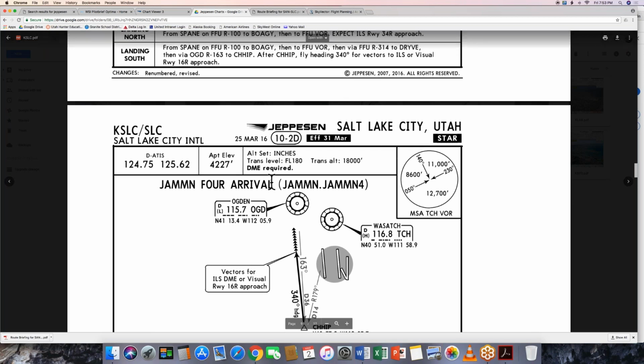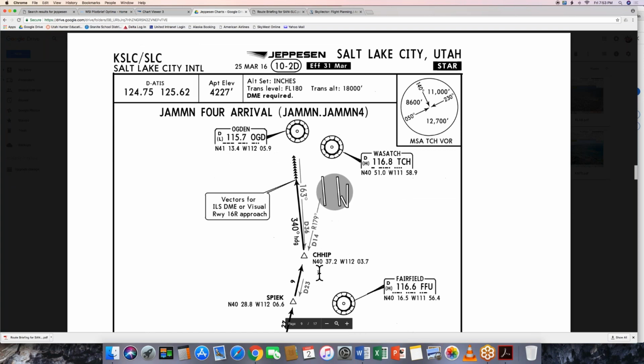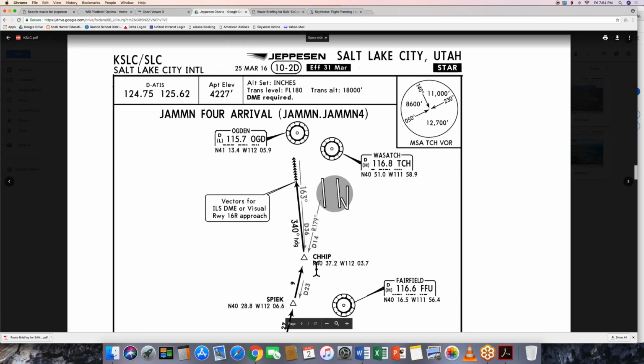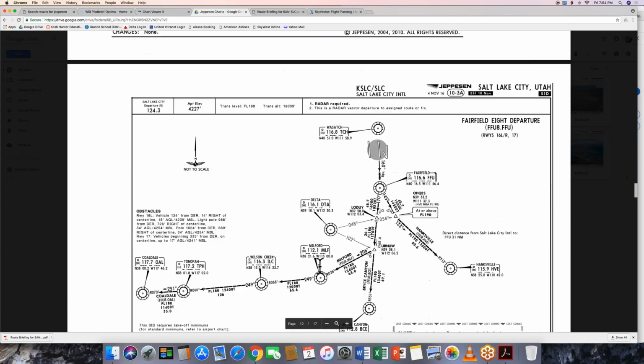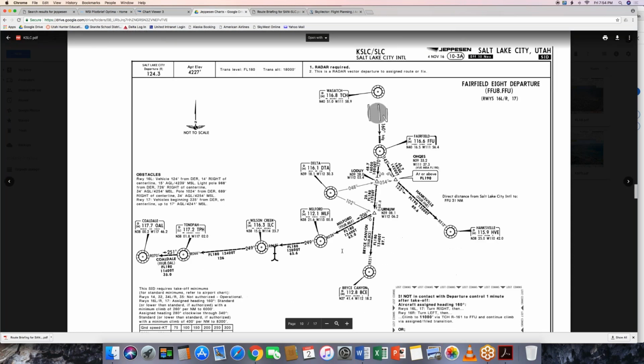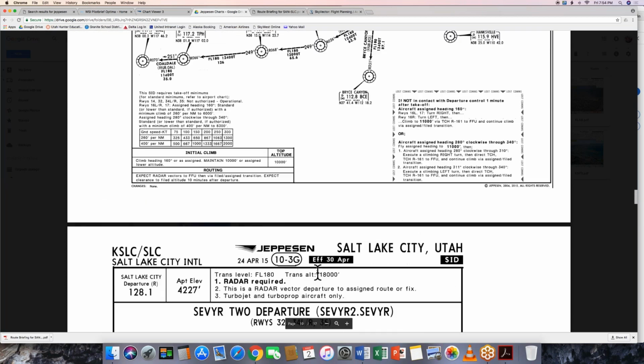Let's make sure it's not RNAV. So it's not RNAV. I don't see anywhere that it's labeled RNAV. So let's kind of keep our thumb on Jamin there. And then we have the Fairfield 8 that spits us out almost directly west.